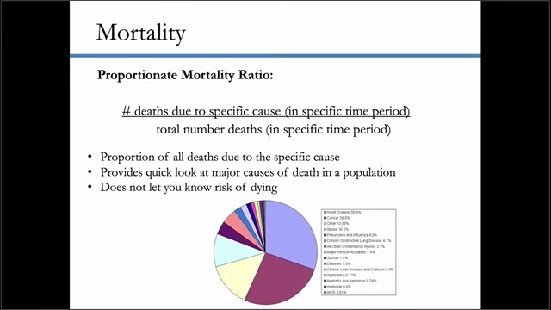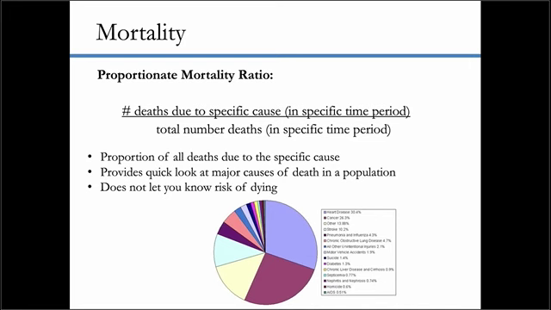It's a proportion, not a rate, but we do typically like to do it in a specific time period because it allows us to do comparisons to see how the main causes of death are shifting throughout time. So for example, if we look back into the early 1900s, some of the main causes of death in the United States and globally were infectious diseases.